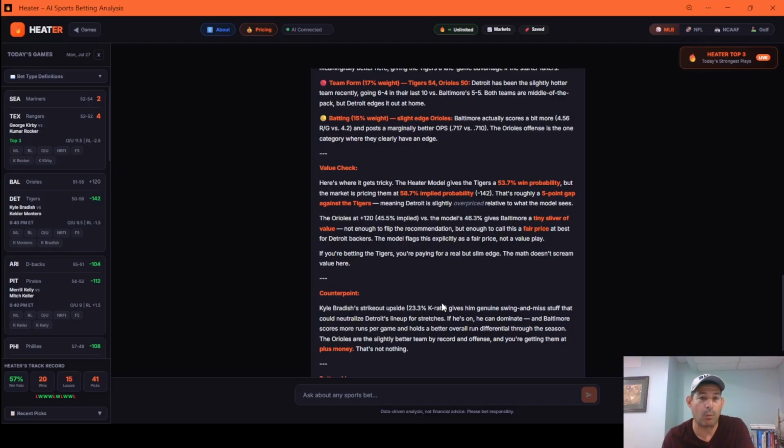Detroit's a heavy favorite and would normally be a great bet without the tax. It's just there's no value there because the tax, the vig, is being really applied on the Detroit side. So that takes it from a screaming play to not enough value here.